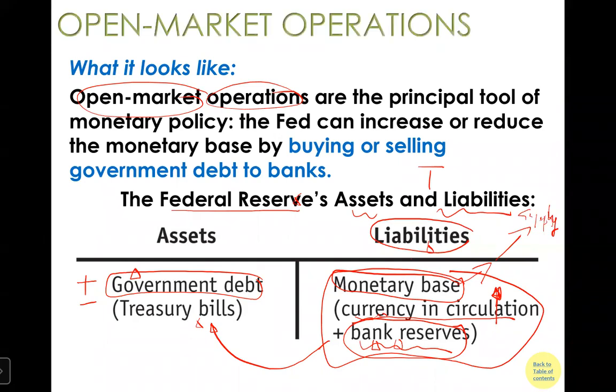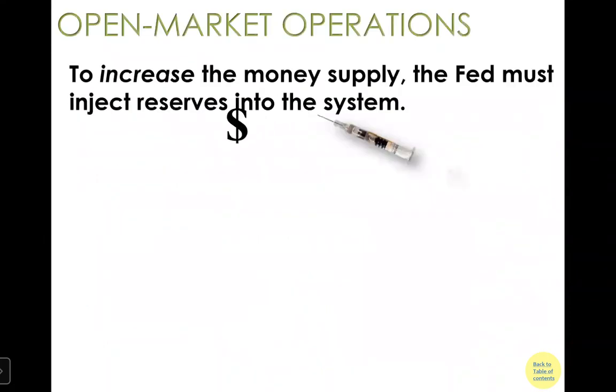Now we can look at two possible operations the Fed is going to conduct. Usually, in order to increase the money supply, the Fed will inject reserve, or increase the reserve for the banks. How can they do that?